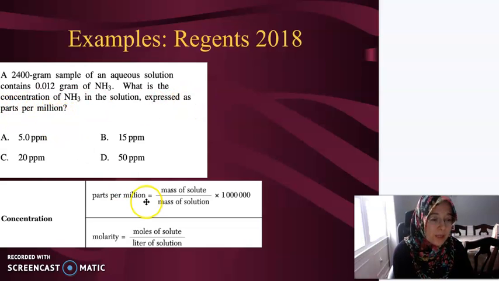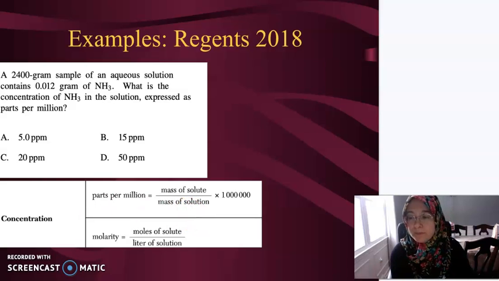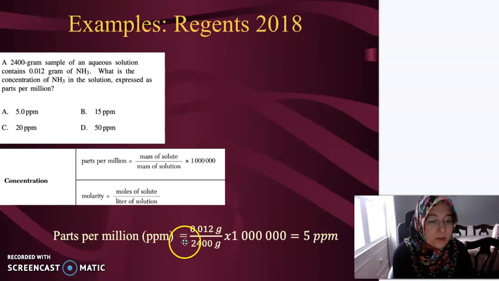So you will go to the table, find the part per million formula: mass of solute divided by mass of solution times 1 million. Mass of solute is given right here, 0.012 gram, divided by mass of solution.